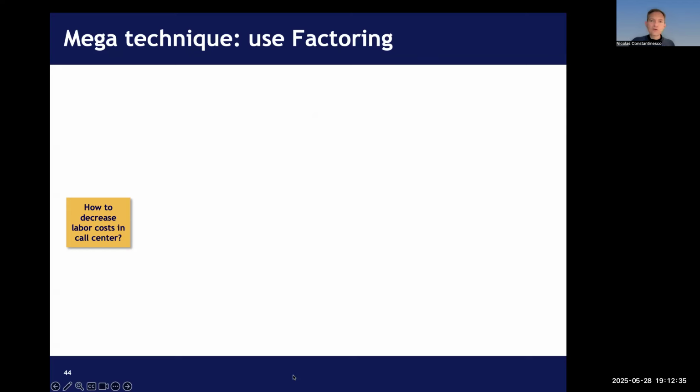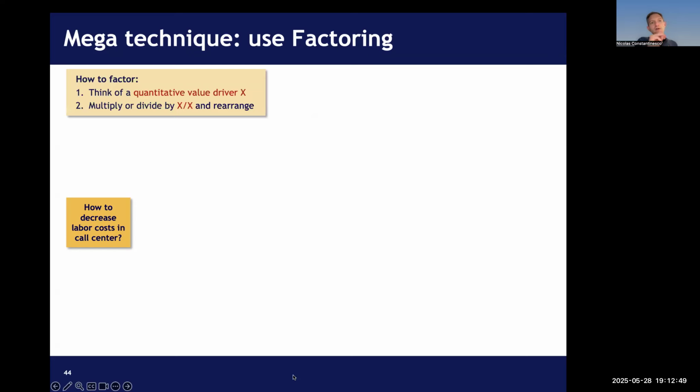What you want to do is think of some kind of a quantitative value driver that directly impacts the labor costs, and we're going to call this X. And we're going to multiply and divide by X over X, which is basically multiplying and dividing by 1, so we're not changing any values. But we're then going to rearrange.